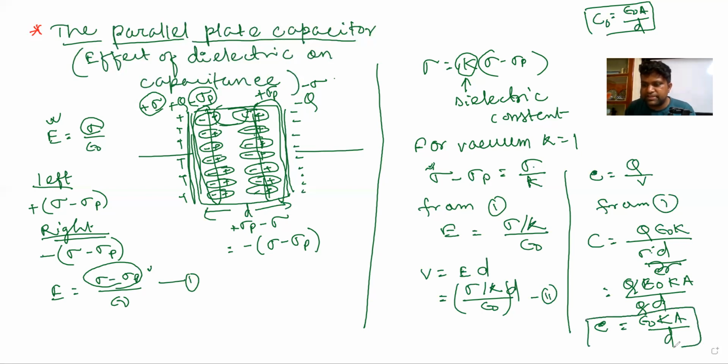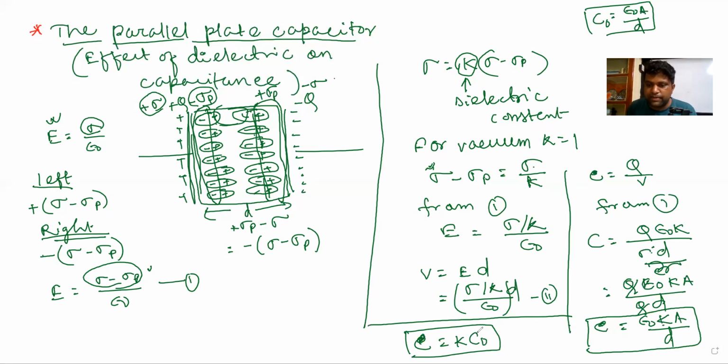So the capacitance of a parallel plate capacitor, when a dielectric is in between the plates, is modified to epsilon naught K A by D. Basically, epsilon naught A by D is C0, so it is K into C0, where C0 is the capacitance when there is vacuum between the two plates, with no dielectric.